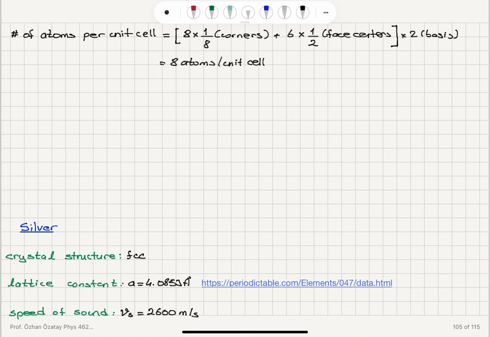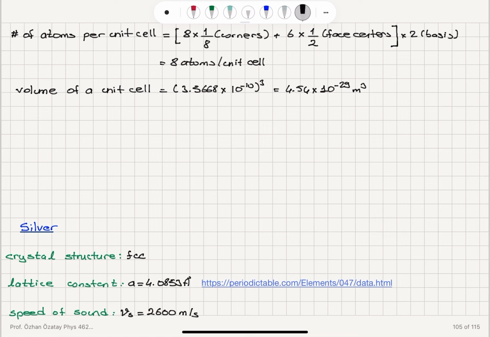Now, what is the volume of a unit cell? That's going to be the lattice constant cubed. So the volume of a unit cell is (3.5668 times 10 to the minus 10)^3, which is 4.54 times 10 to the minus 29 meter cubed.